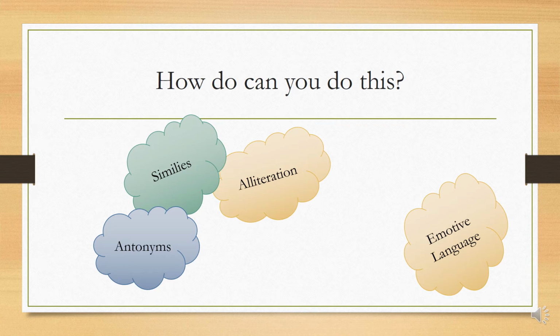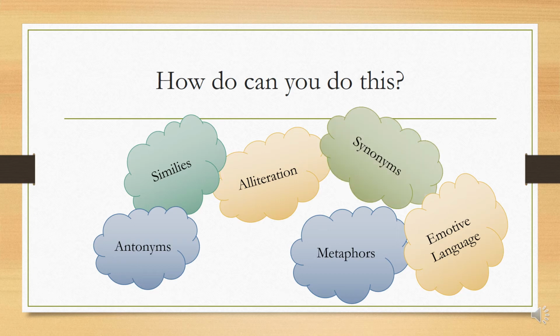Similes, so that's describing again. Metaphors, comparing something as something else. Synonyms, so using a wider range of vocabulary to mean the same thing. Instead of saying Alice got up, Alice started. And creative language, so using language that has a broader, more flowery feel to it rather than a specific set of instructions.